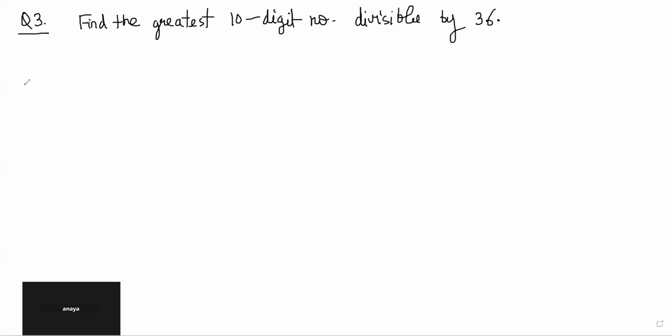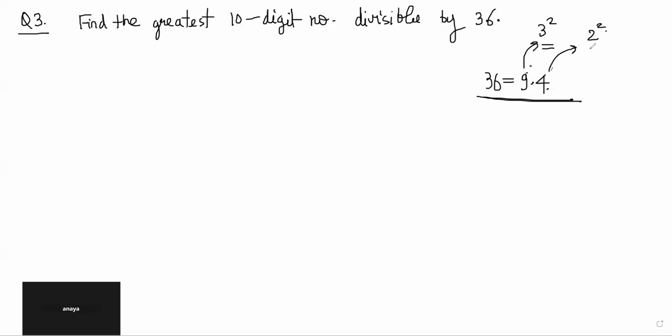So again, the thinking process is important. You should realize that 36 is 9 times 4. So whatever number you create should be divisible by both 9 and 4, right? The reason is because 9 and 4 have no common factors between them, 3 square and 2 square.